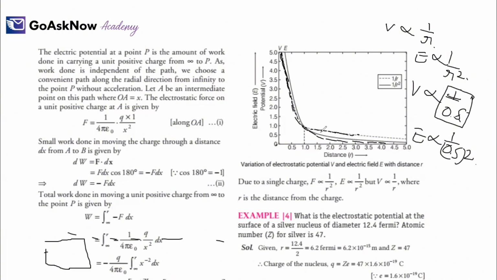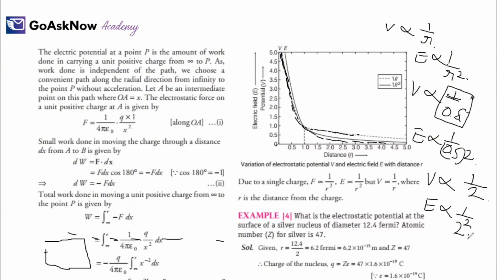And in this region, if the value of R is greater than 1, then V is directly proportional to 1 by 2, but E will be directly proportional to 1 by 2 square. Okay, that is the expression in the region after 1.